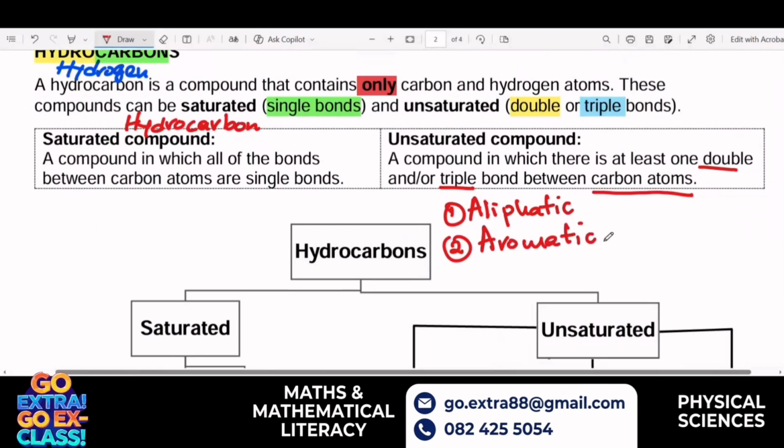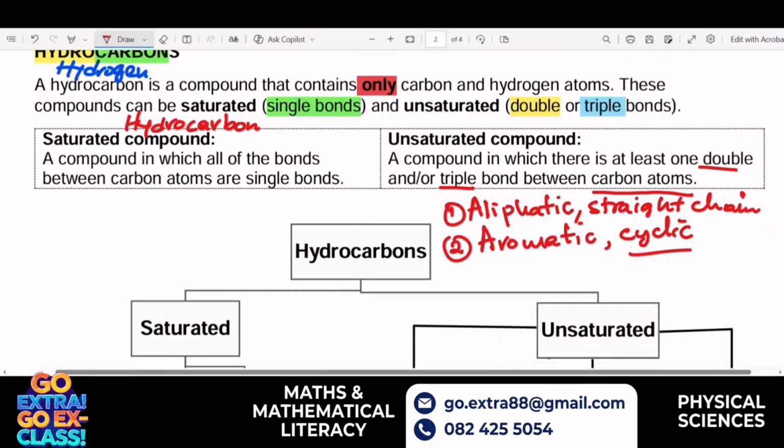Aromatic hydrocarbons are made up of cyclic structures; most of them are cyclic in nature. Aliphatic hydrocarbons mostly form straight chains, but that's not conclusive, since aliphatic compounds can also be cyclic, as I'm going to show you.